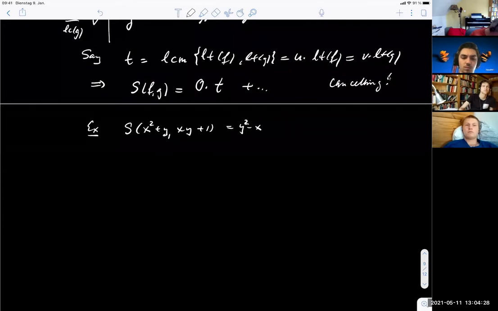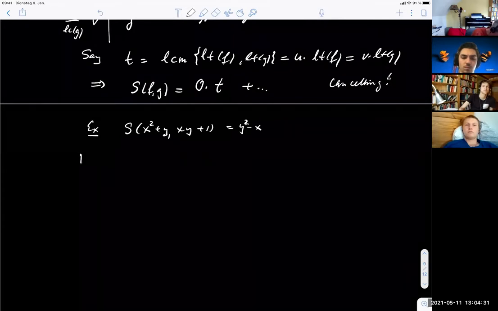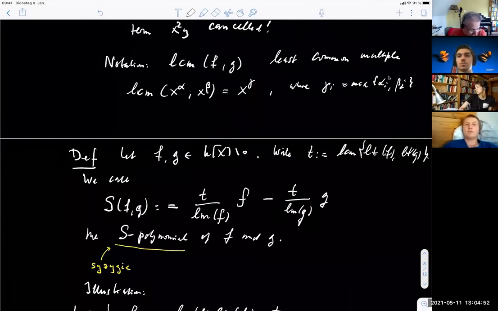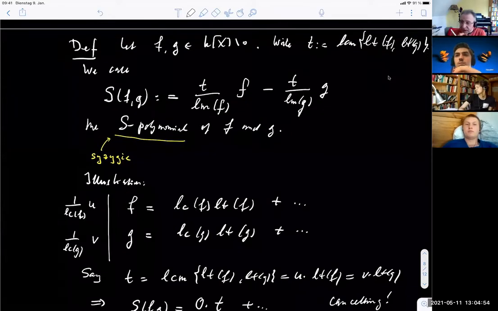Maybe it's also good to say the following. What is the S polynomial of two monomials? F and G are now monomials, and I compute the S polynomial.